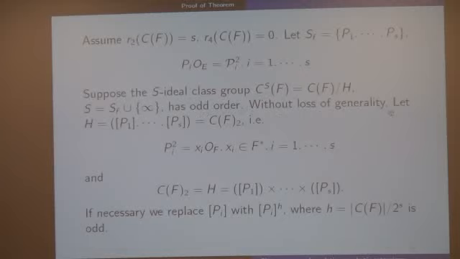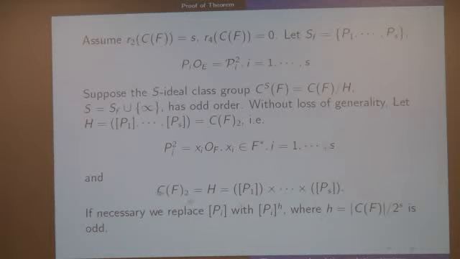Without loss of generality, H equals to H1, HS equals CF square. Without loss of generality, pi square equals to xi OE, xi belongs to Fi.